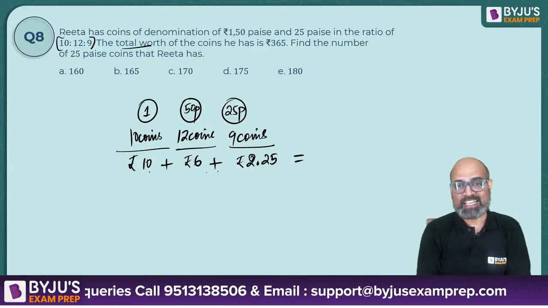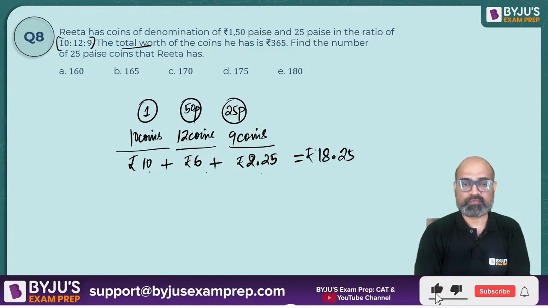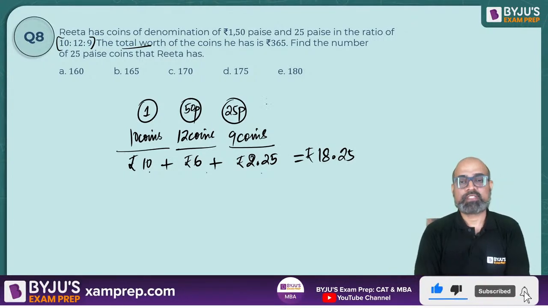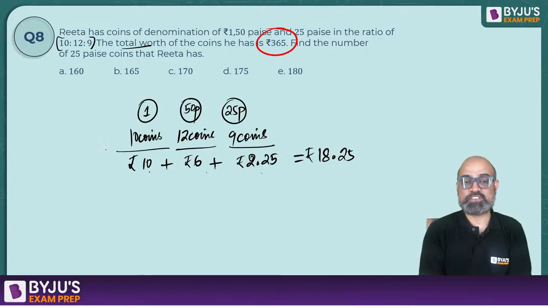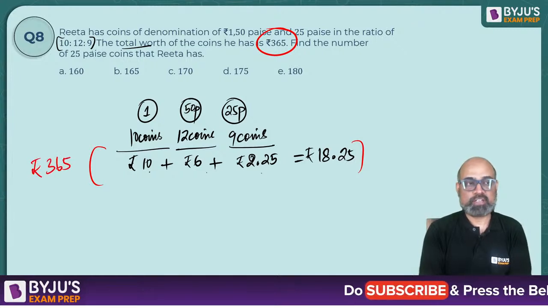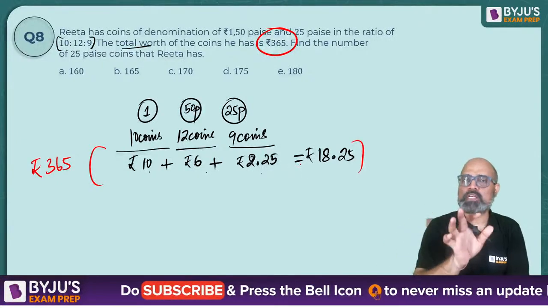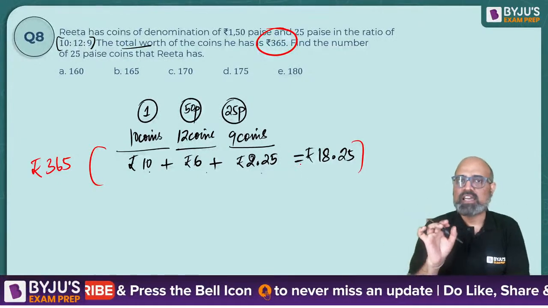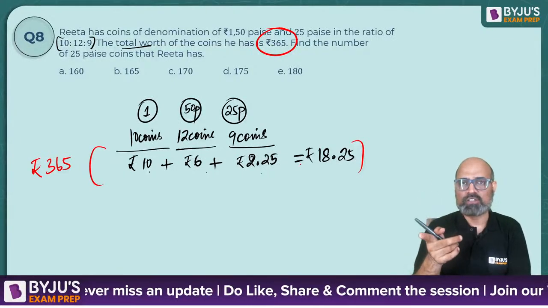So if you add 10, 6 and 2.25, it will give you 18.25 rupees. Itna hai. But how much is it given in the question? It's given as 365. Ye 365 rupees given hai. How many times is that? 18 into how much is 36? 18 into how much is 360? Instead of dividing, common sense lagao.